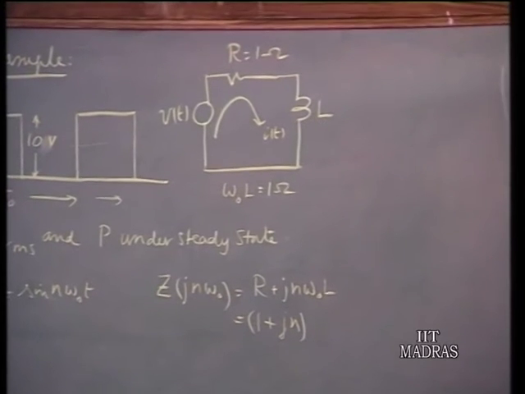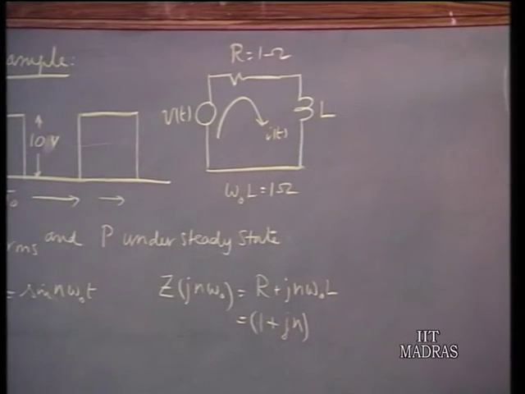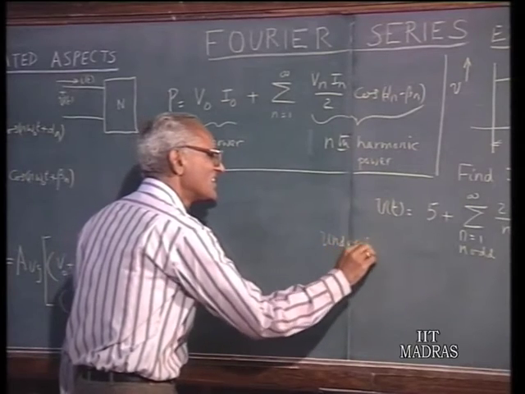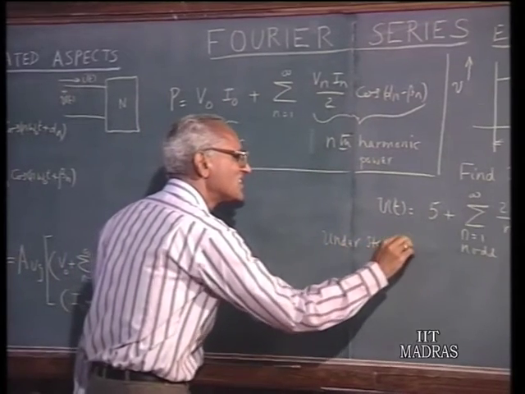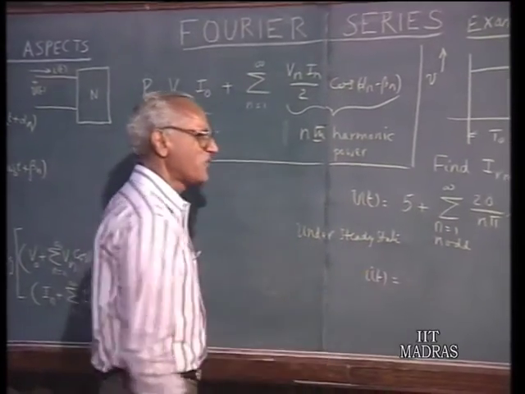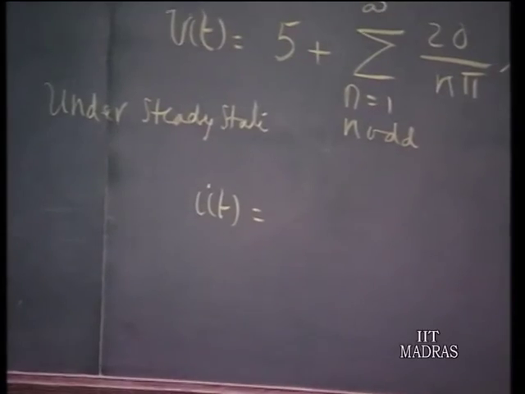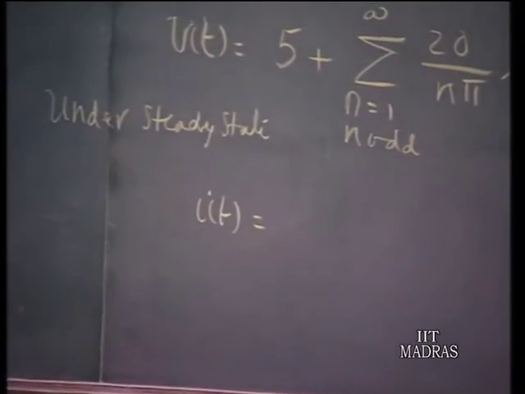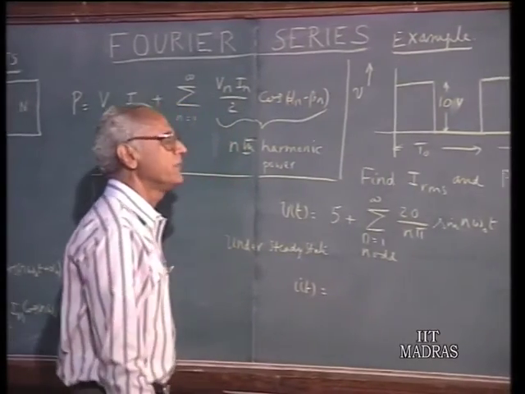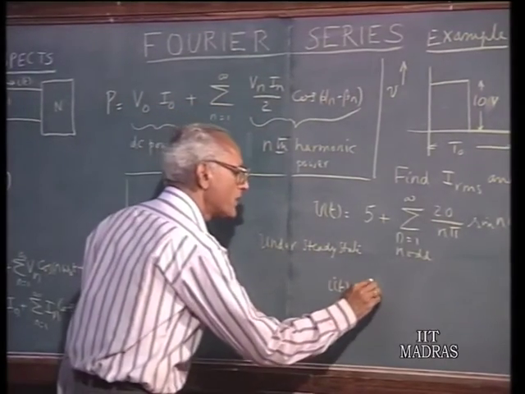So we have the impedance for different frequencies, we have the voltage. Under steady state, I of t will be, for each component separately, we find the steady state current. If we have a DC voltage of 5 volts in a circuit consisting of R and L, the current will be V divided by R, 5 upon 1, that is 5.